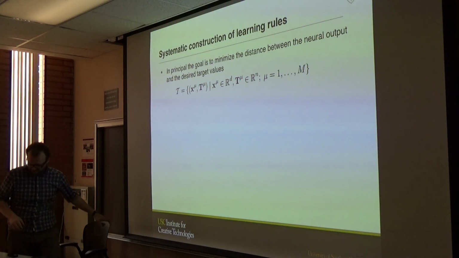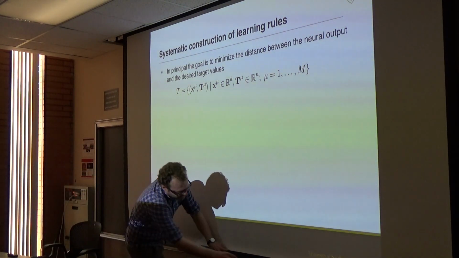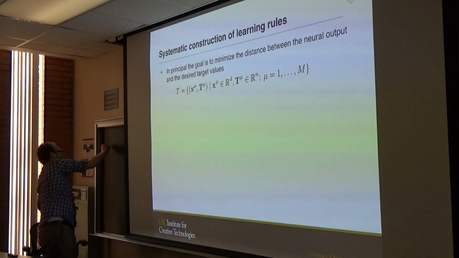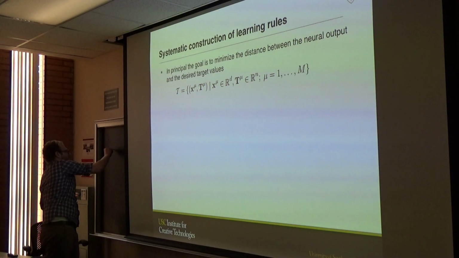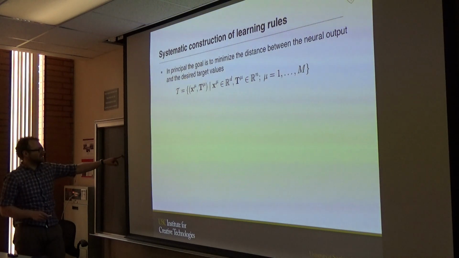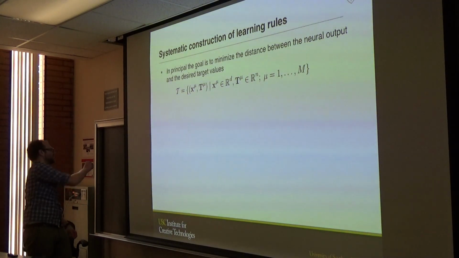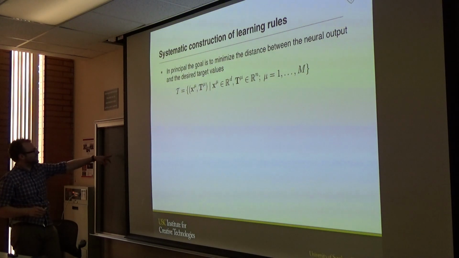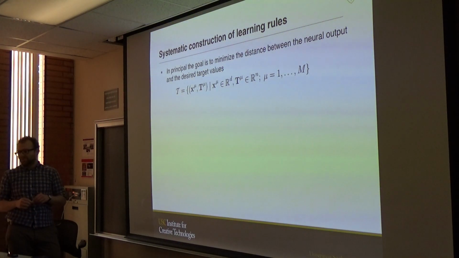Before I confuse it too much, I'll probably have to write that down. So these t vectors could be something like this. If you have 4 classes, this is for one sample mu, the third class is active, okay?